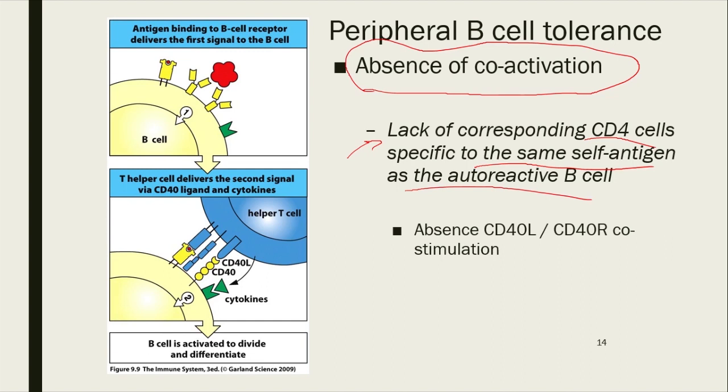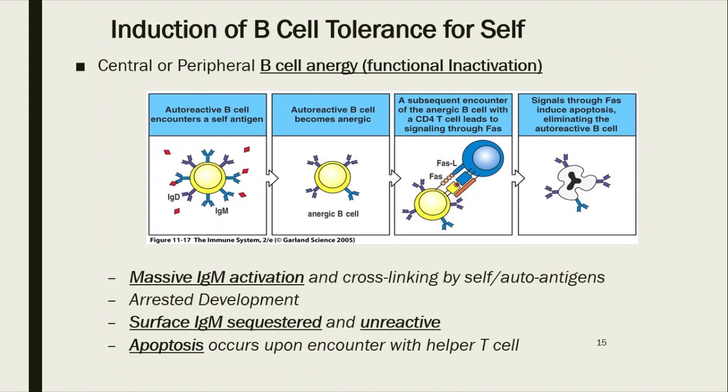Remember, that's the CD40 and CD40 ligand interaction. If the CD4 T cells don't have that same self-antigen, you will have no CD40L and CD40 receptor co-stimulation, and at that point you are still not able to activate the B cells completely. So here we see the term for B cell anergy.